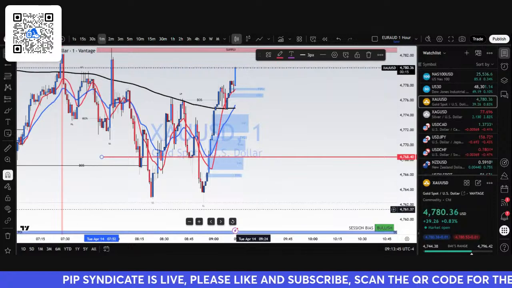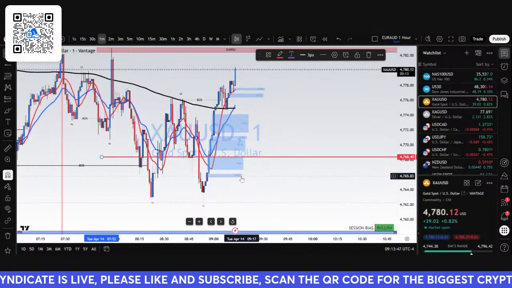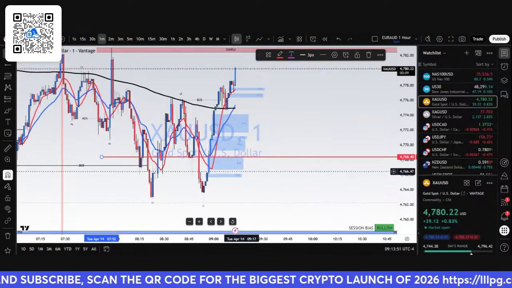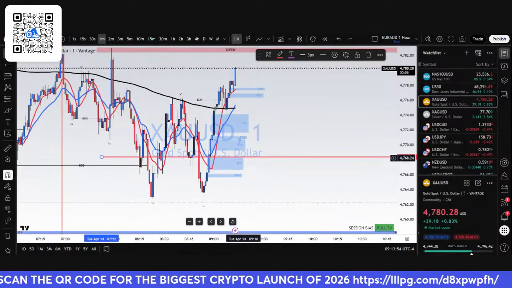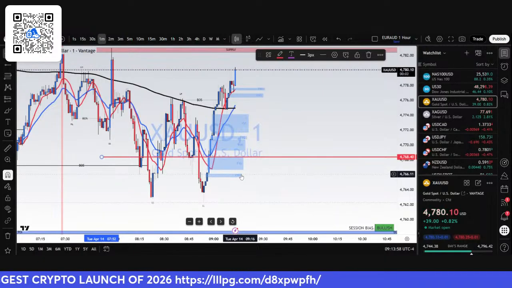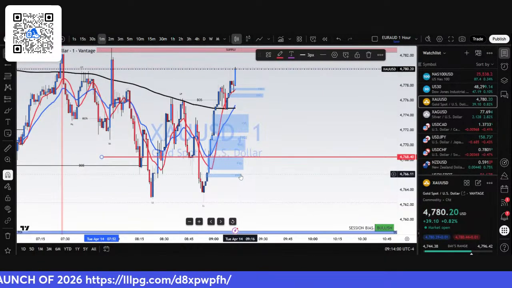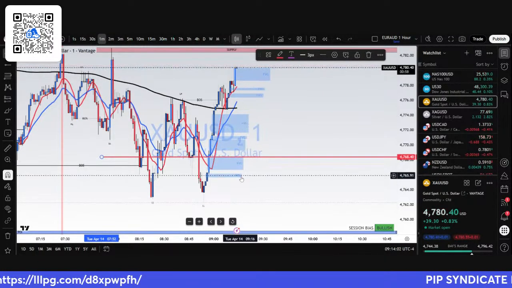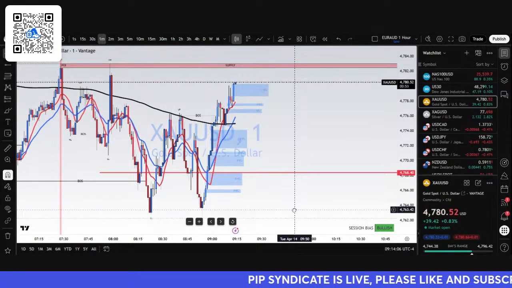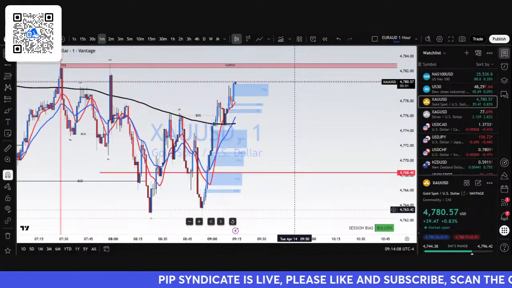I mean, it could go anywhere, but you know what I mean. It's got to come back and touch one of these two fair value gaps. I'll probably enter here just because I don't want to miss the trade, but this is a better entry, and it has a 50% chance of coming here, I would say. But let's see if it gives us a pullback at all.